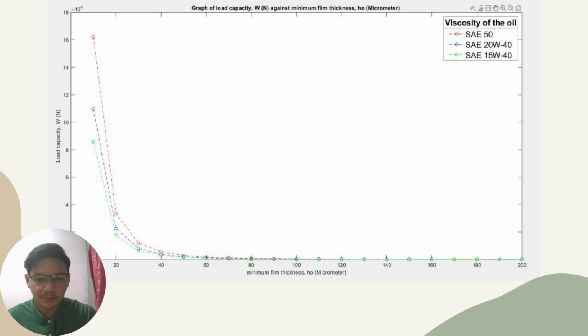I will talk about the discussion, which is the continuation from Muhammad Syamil. From the graph of load capacity against minimum film thickness, we can see that when the minimum film thickness is increased to 100 micrometer, the SAE 50 oil with 0.00204 Pascal second shows the highest value of load capacity, with 441.158 Newton, when compared to other types of oil.